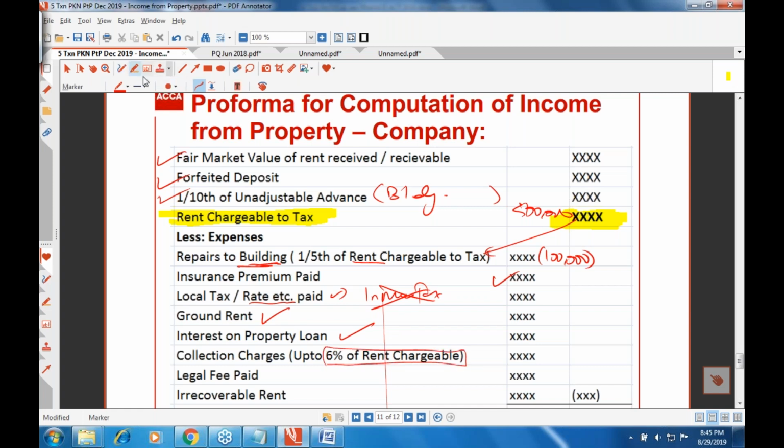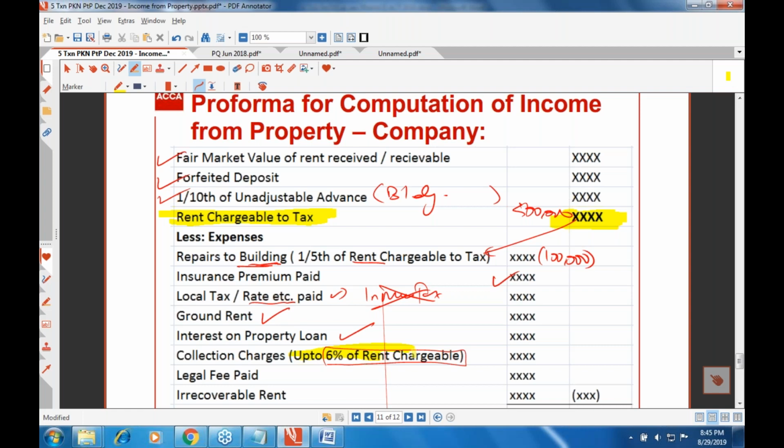Very important point. What are collection charges? When you have got too many properties, you need to go about collecting the rentals from your tenants. Now, if you keep on collecting the rentals from your tenants, then you incur a cost on that.